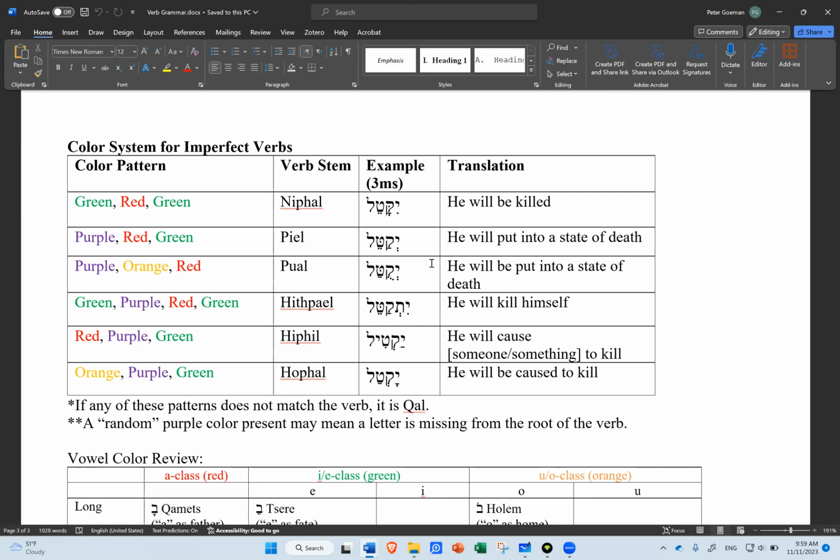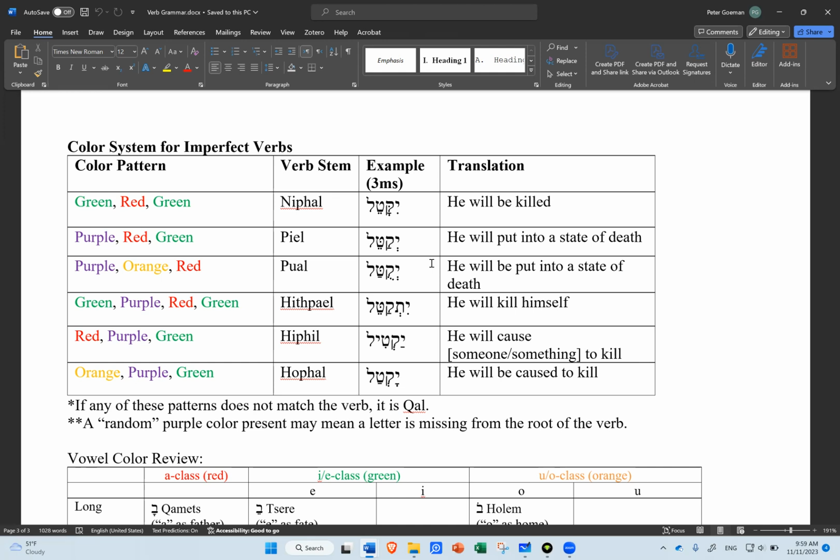And the reason for that is because if there are suffixes added on, so if there's a Hirik Yod at the end, or a Shamar Nu, the Nu is at the end, or an U at the end, in those cases when there's a suffix at the end, that third color will sometimes lighten.